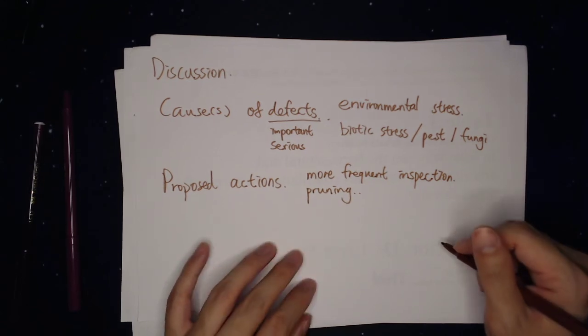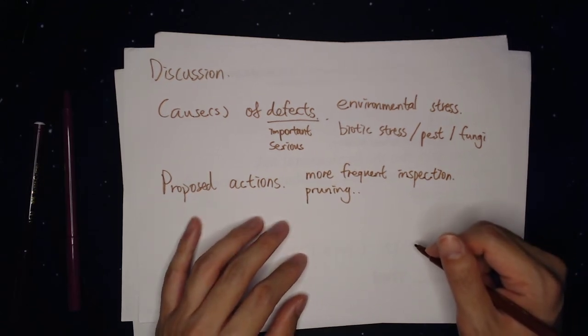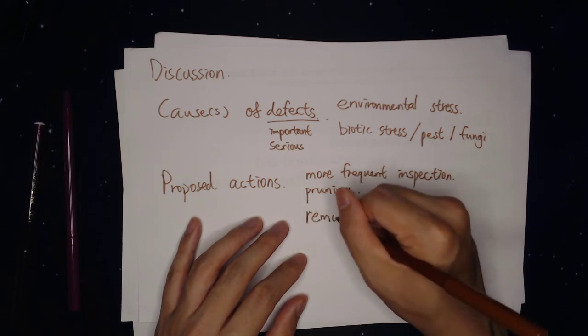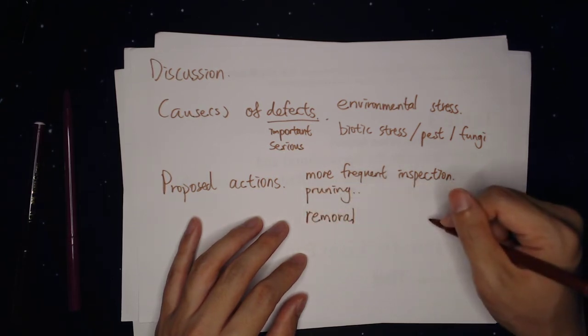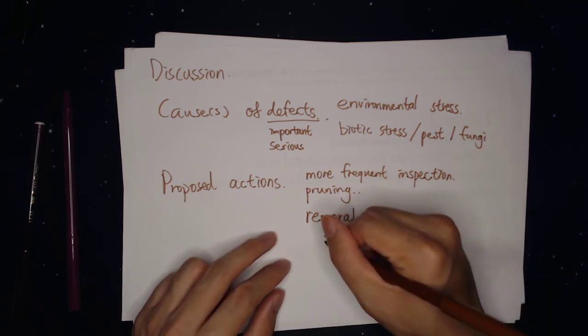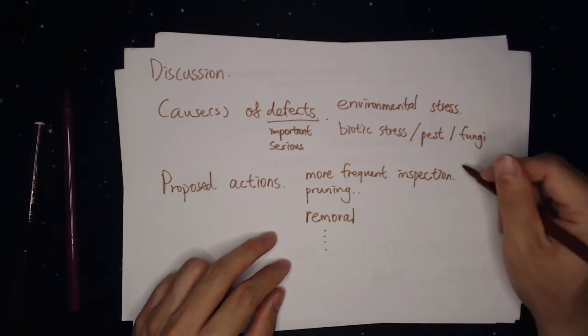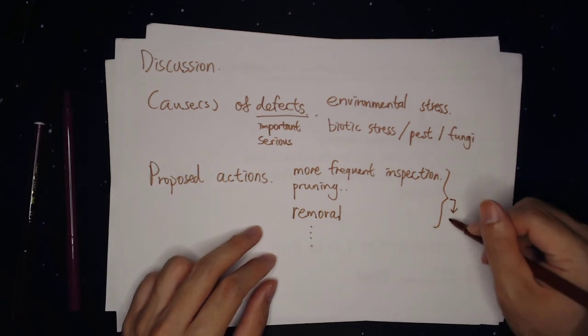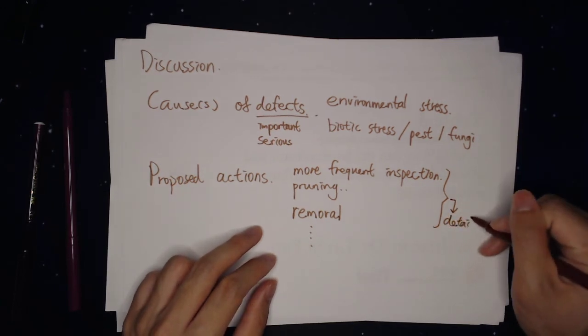And you can even ask the authority to remove the tree, chop it down, because the risk is too high. So there are many more actions. But remember, as you propose the actions, you can give some details.